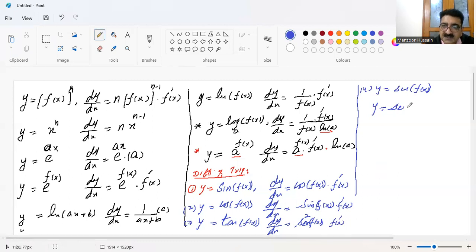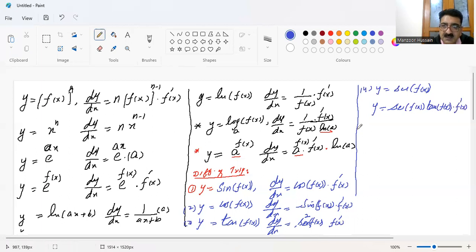And the derivative of secant is the secant of f(x) into the tangent of f(x) and into the derivative of the inner function. This is the derivative of secant.